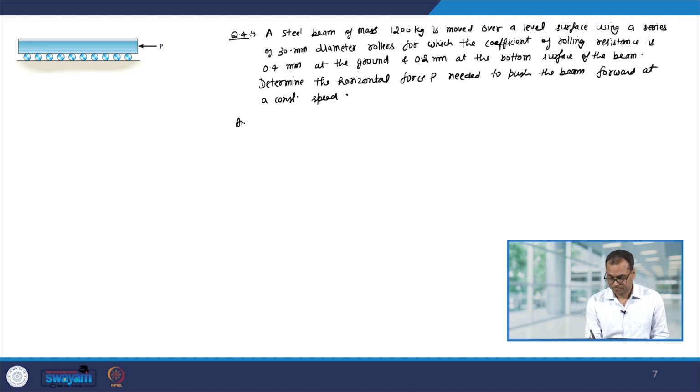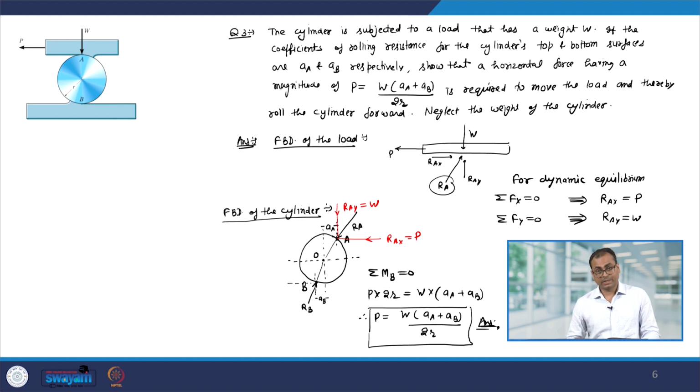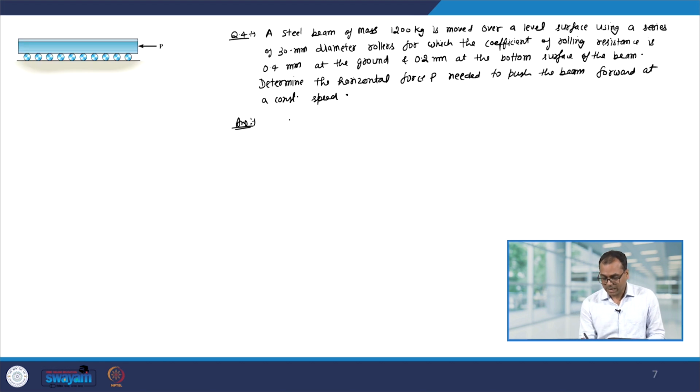Okay. So, we can use the formula or the result that we have derived in the previous question. We have P equal to W (AA plus AB) divided by 2R. Now, note that this force P is going to be divided over n number of rollers. So, let us say there are n rollers. Similarly, the weight will also get divided over n rollers.